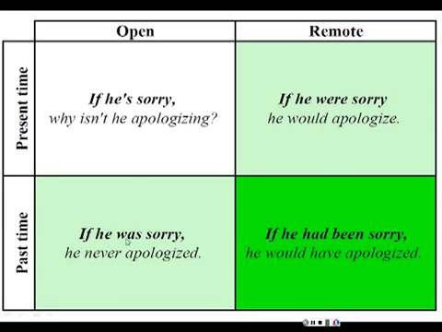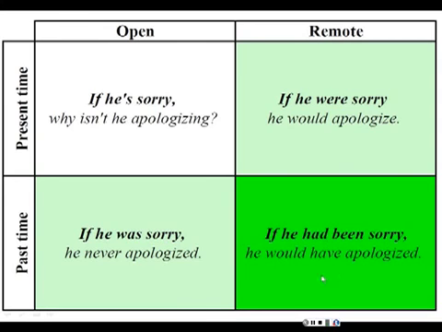So, this one little exception is the one place where this gets different in English. And even here, it only shows up in the third person singular. If it were plural, if they were sorry, it's the same. And then once we get here, we have if he had been sorry, he would have apologized.